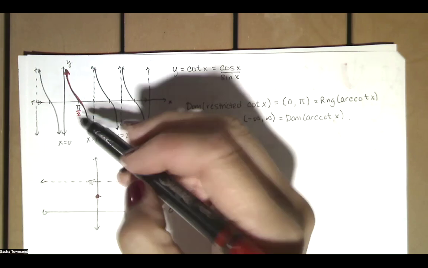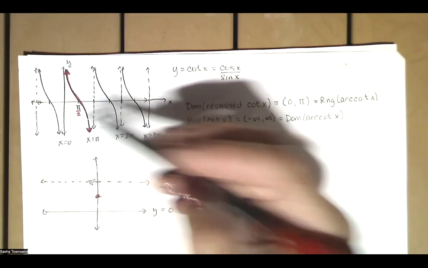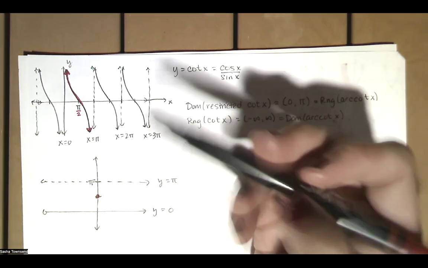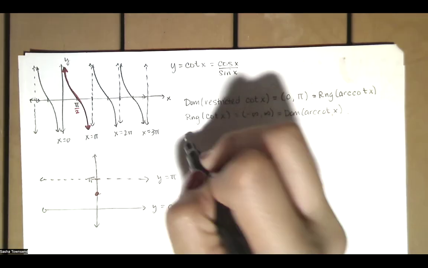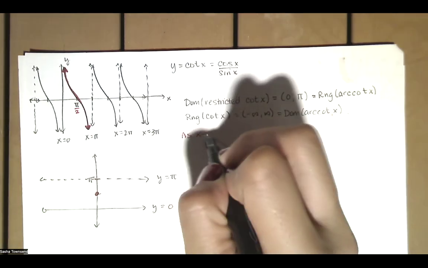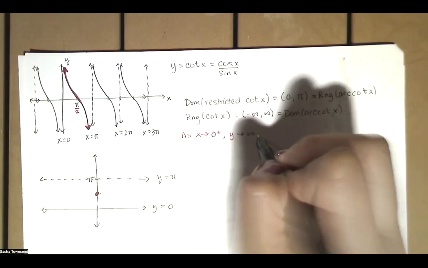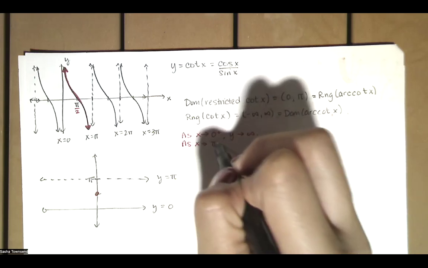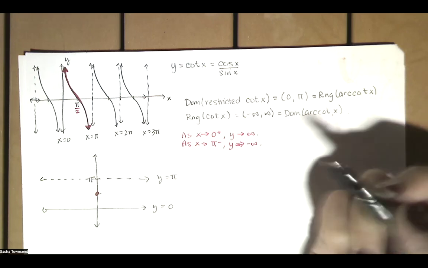Because x equals pi over 2 corresponds to y equals 0. When we switch the roles of x and y, when x equals 0, y will equal pi over 2. And then here, as x approaches 0 from the right, y goes to positive infinity. And as x approaches pi from the left, y goes to negative infinity.